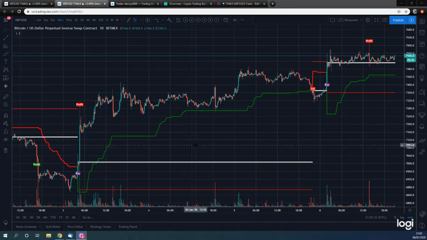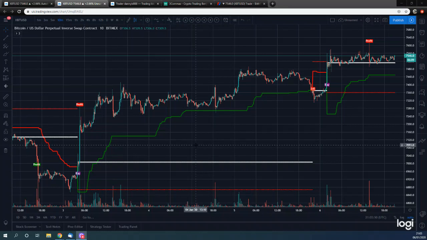So basically I have an automated trading strategy that I use. I basically use three sites to implement it. I use my exchange. This is a Bitcoin trading strategy, so I'm using the BitMEX exchange.